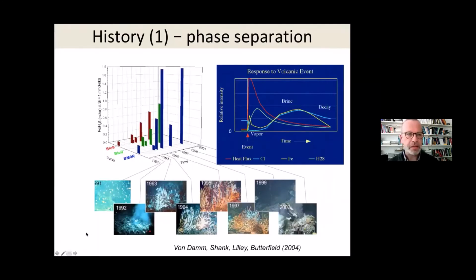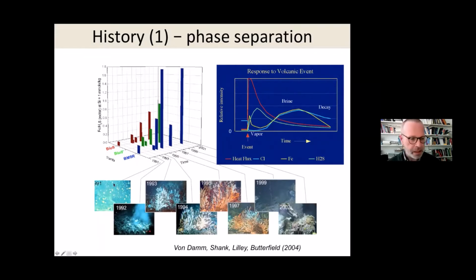Okay, so I start with a historical perspective, and this is about phase separation, which was observed directly by seafloor sampling, and this happened in the course of time series sampling at the East Pacific Rise 9 degrees north between the years of 1991 and 2008.